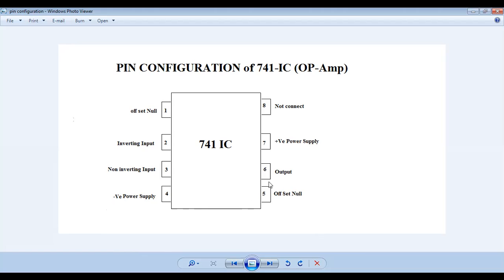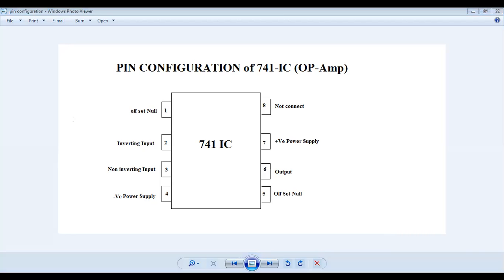The fifth pin is offset null, and the sixth number pin is the output. If we want to get the output from the operational amplifier, we use the sixth number pin. For providing the positive power supply we use the 7th pin, and the eighth pin is not connected to anything. Generally, the second, third and sixth number pins are very important.